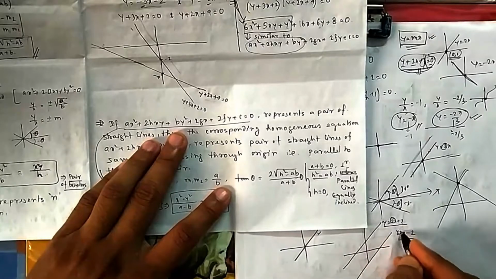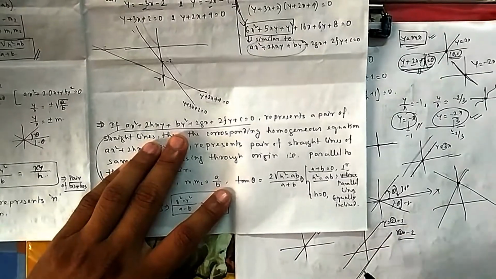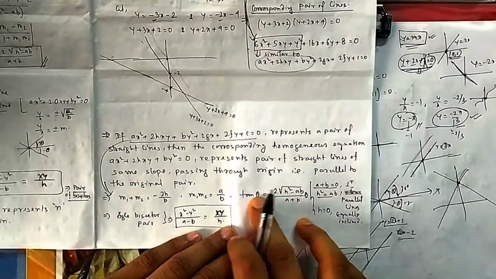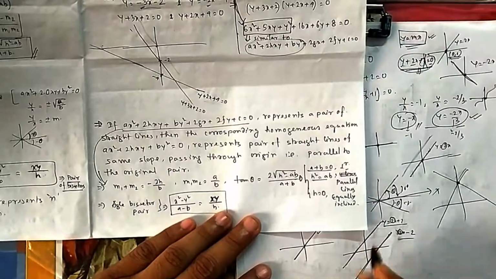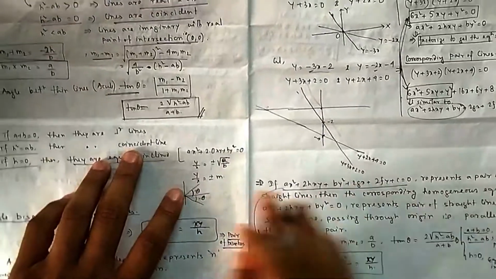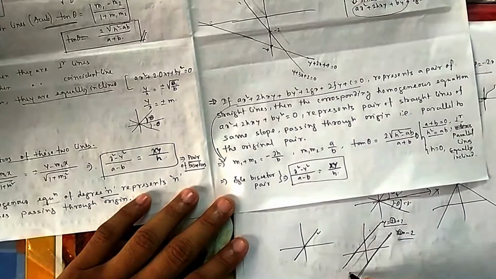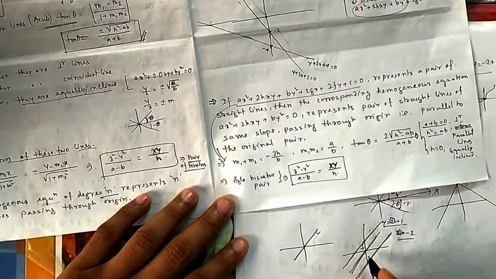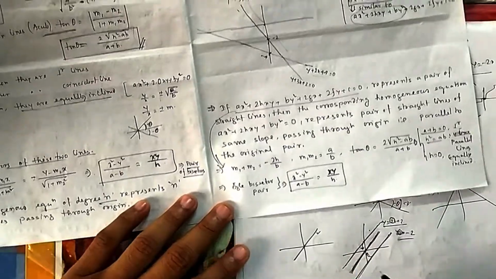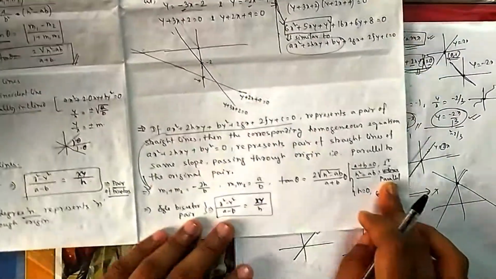So both lines have the same slope. If h square equals ab, the angle is 0, but they will be parallel lines. In the earlier case they are coincident, because they have to pass through the origin. If both lines have to pass through the origin, there will be only one line. But here the restriction is not there, it can go anywhere, so it becomes a parallel line.